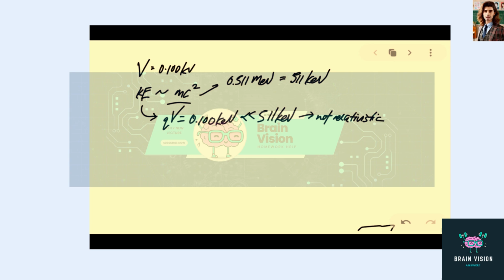Now, if you want to be very clear, you can look up the velocity as well. You can assume that it is non-relativistic and find its velocity. So half mv squared equals 0.1 keV. You can do some conversion from keV to joules.